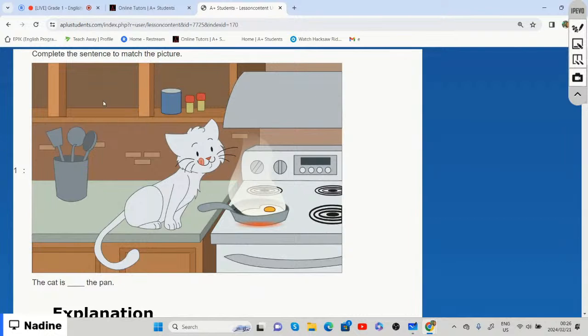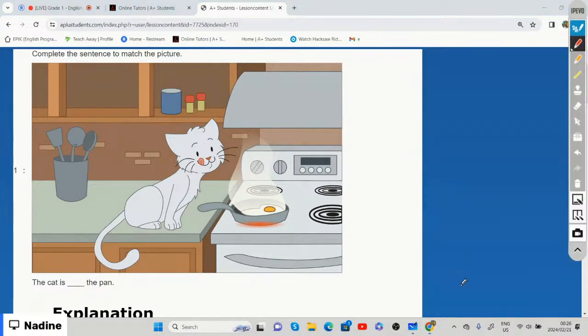It says we need to complete the sentence to match the picture. The cat is the pen. So where is the cat? Here we have our pen. So over here we have our pen and here we have our cat. So where is our cat?